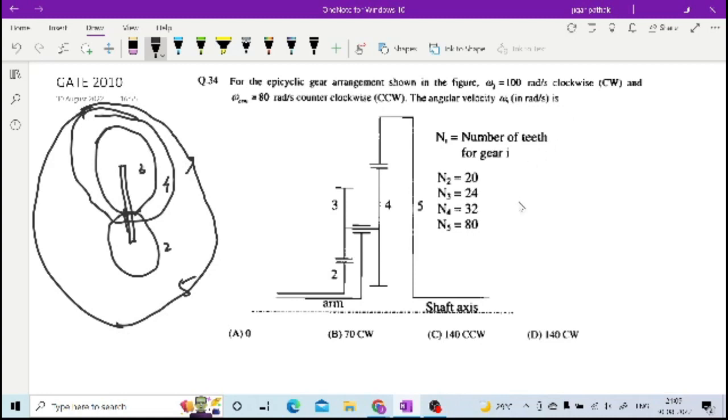So now once you have this kind of diagram, then you can again start creating a table for this gear 2, 3, 4 and 5. Number of teeth are given: 20, 24, 32 and 80. So can you solve this one? Please try and solve.